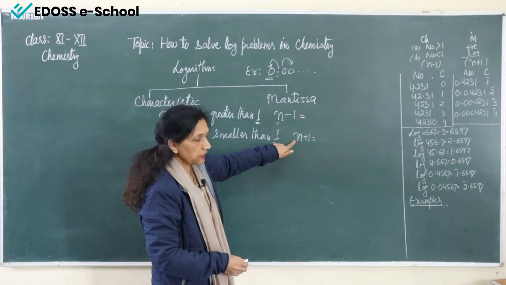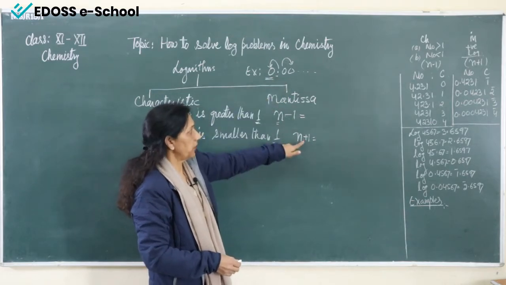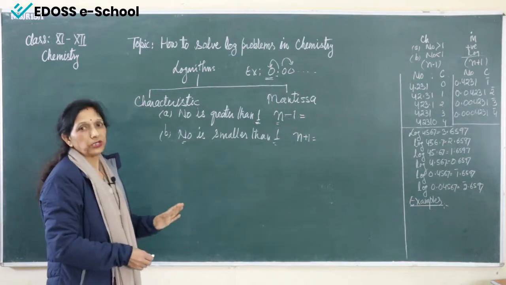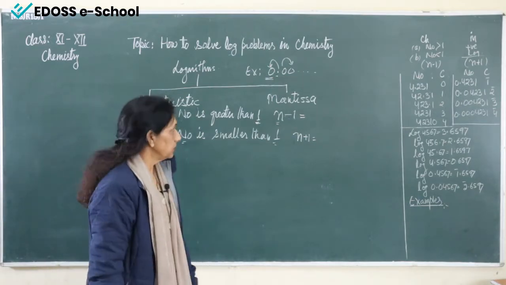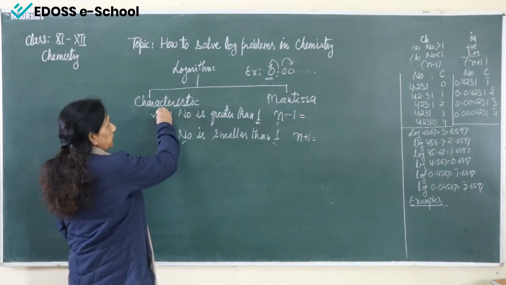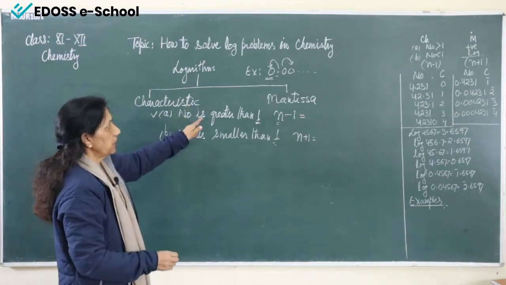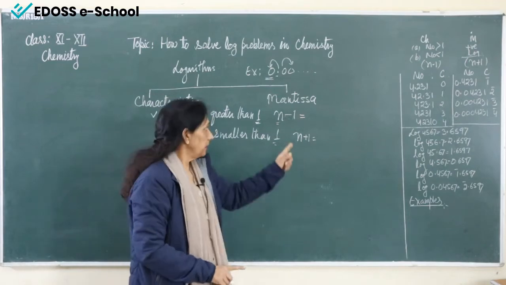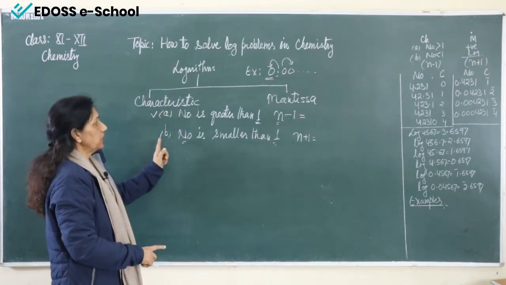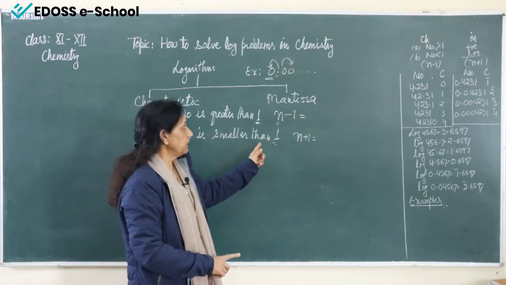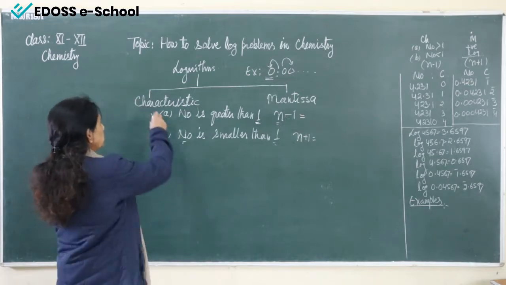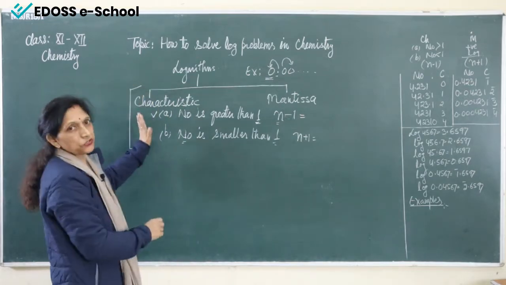To that count we add 1, and that will be the characteristic of that number. So we can easily find the characteristic: if the number is greater than 1, n minus 1, and if it is smaller than 1, n plus 1. This is the way to find characteristic.